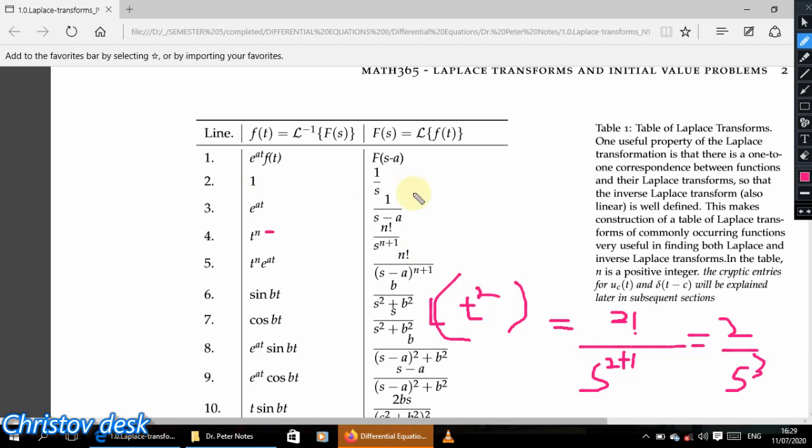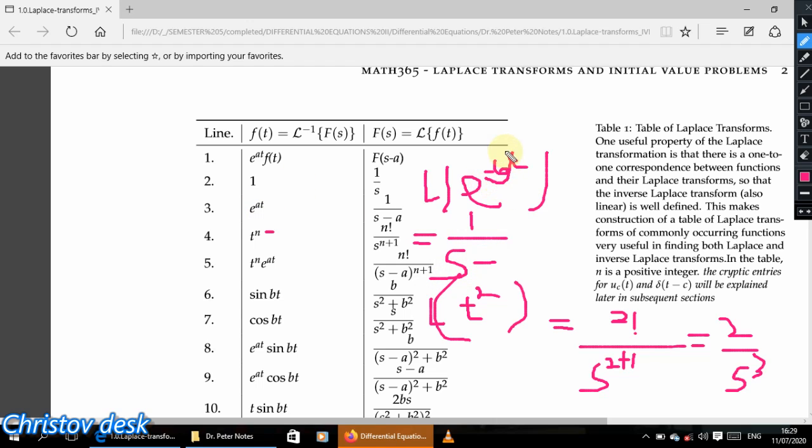If you want to take a Laplace transform of e raised to the power, let's say, minus 6t, how do you do that? You only have 1 over s minus a. What is a? a is what is in front of t.